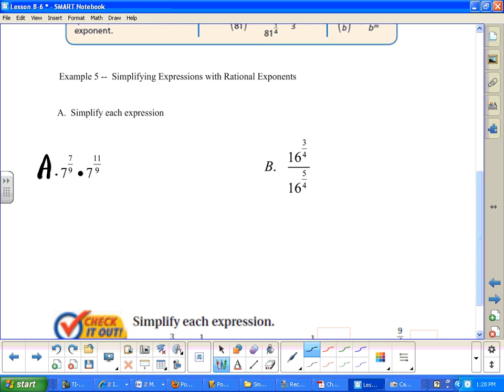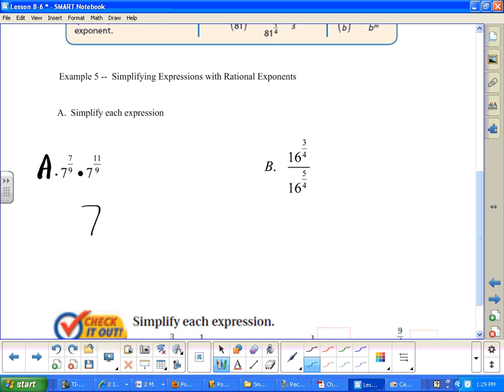Letter A, 7 to the 7/9 times 7 to the 11/9. What am I supposed to do if I'm multiplying with the same base? What do we do with the exponents? Okay, we add the exponents. So I have 7 to the power of what's 7 ninths plus 11 ninths? Okay. 18 over 9, right?